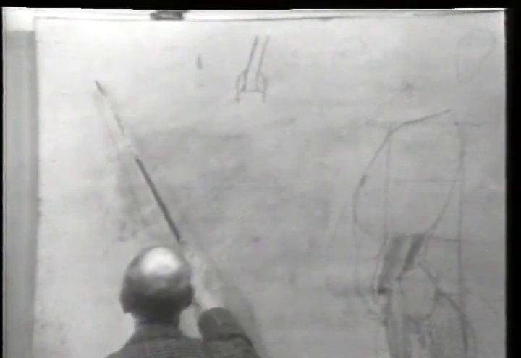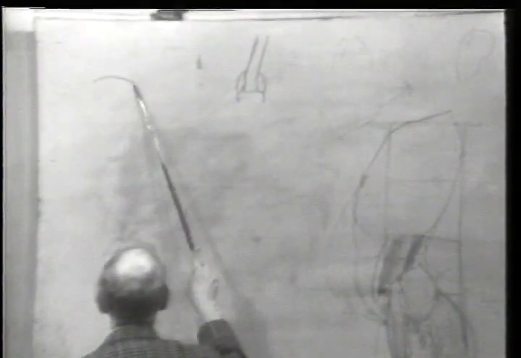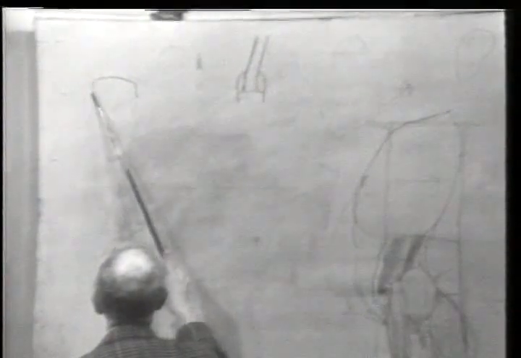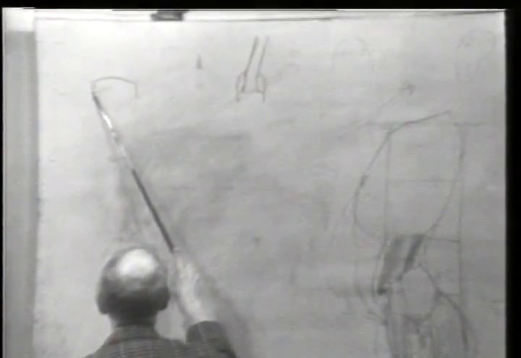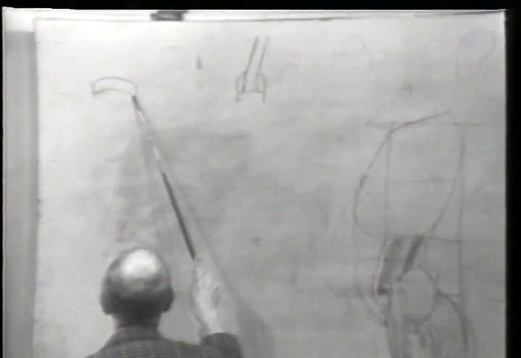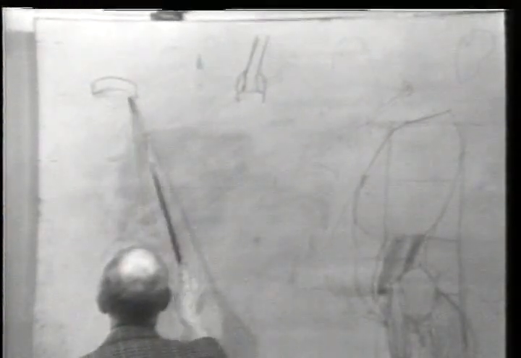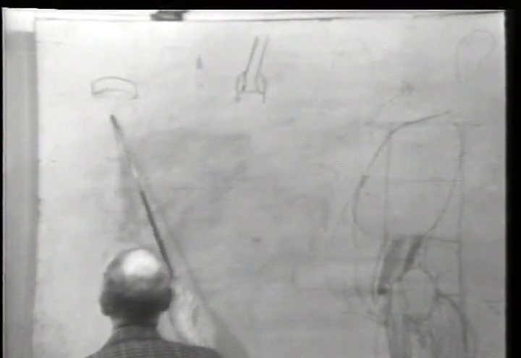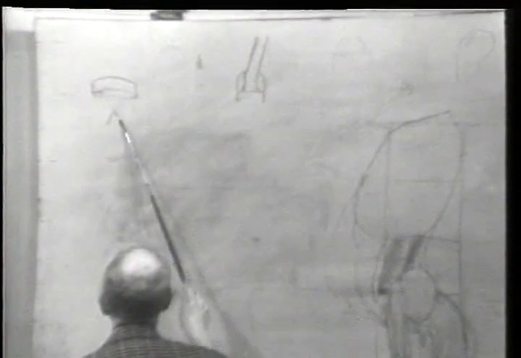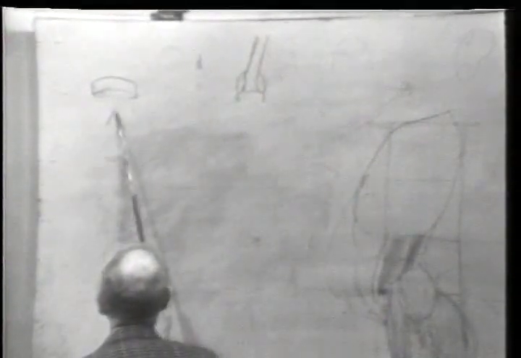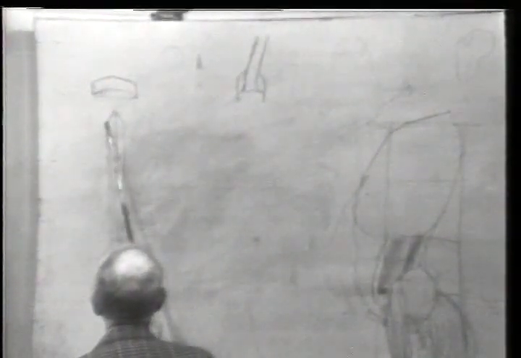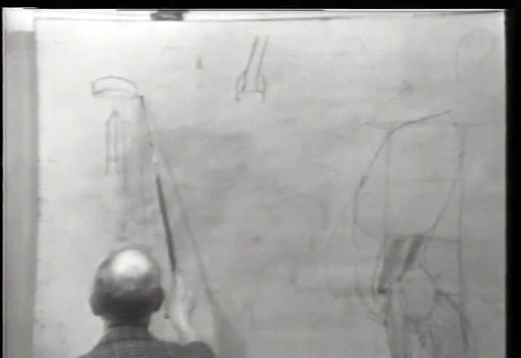Well, let's make a big plan of this. We have a half cylinder, rather shallow it is. We're below it, you see, and here we have a prism. And then, of course, our problem in shape is to get from the cylinder to the prism.